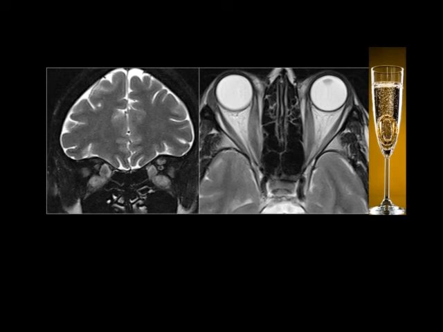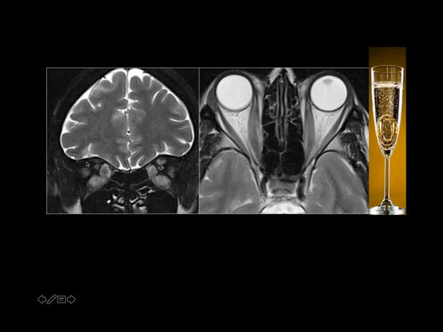Coronal and axial images of the orbit are provided, showing diffuse enlargement of the extraocular muscles. Which muscles? Medial rectus and inferior rectus.